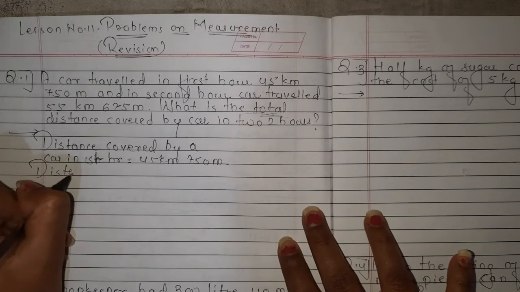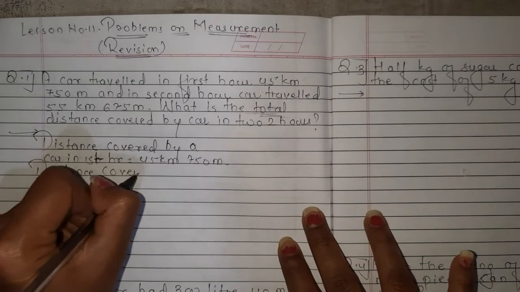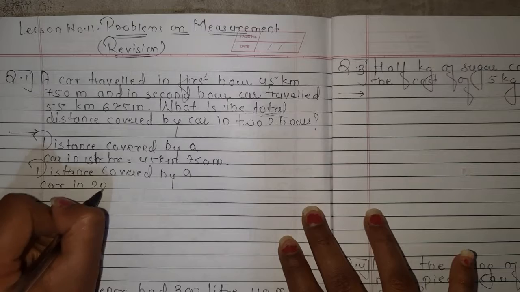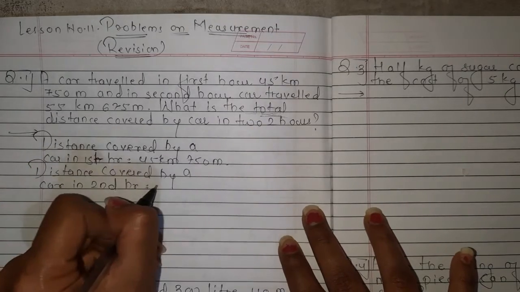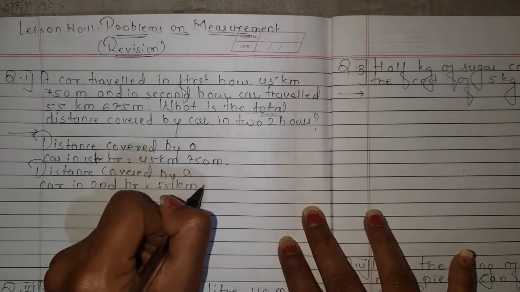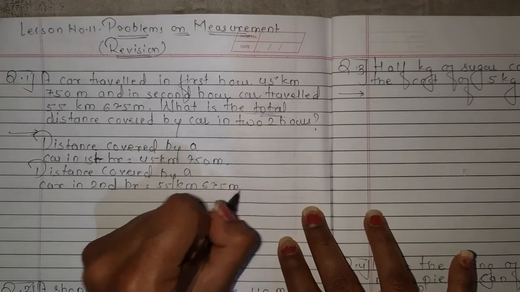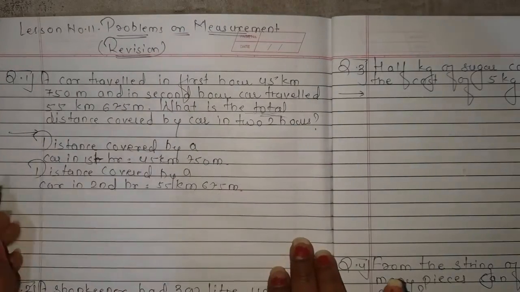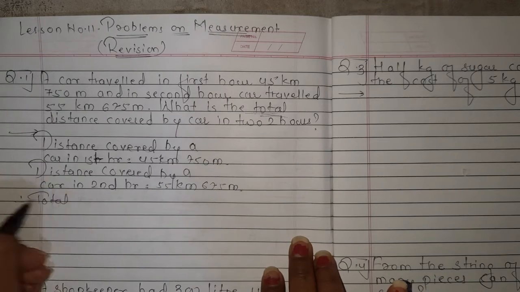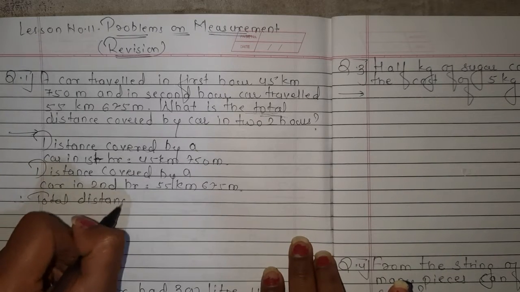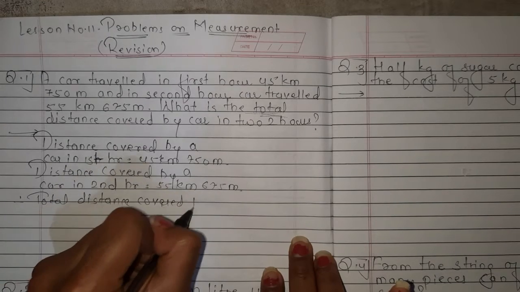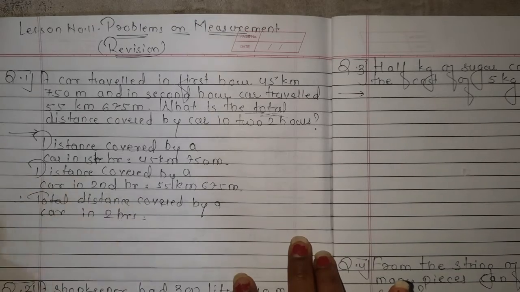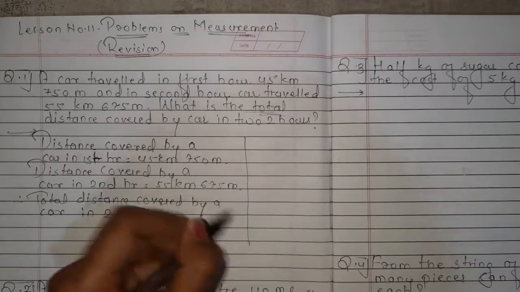Similarly, distance covered by a car in second hour is 55 kilometers and 675 meters. We have to find out the total distance covered by the car in 2 hours. So therefore, total distance covered by a car in 2 hours is equal to, I will show working over here.